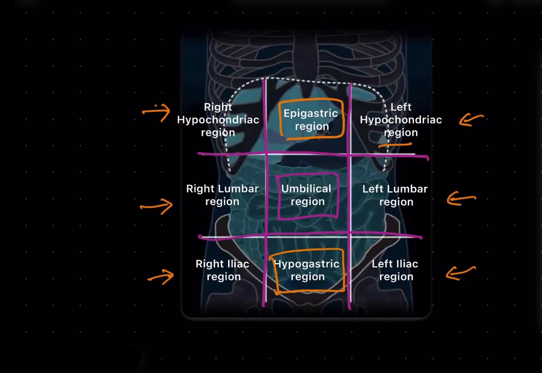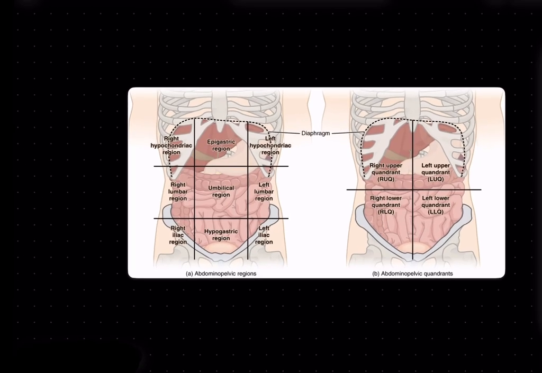It's important for us to know which organs fall under each of these regions and quadrants, and you can clearly see here. So if I have to quickly mention, say, in the quadrant approach, in the right upper quadrant, you definitely have your liver, the gallbladder, the right kidney, some parts of the stomach, and some portions of the small and the large intestine.